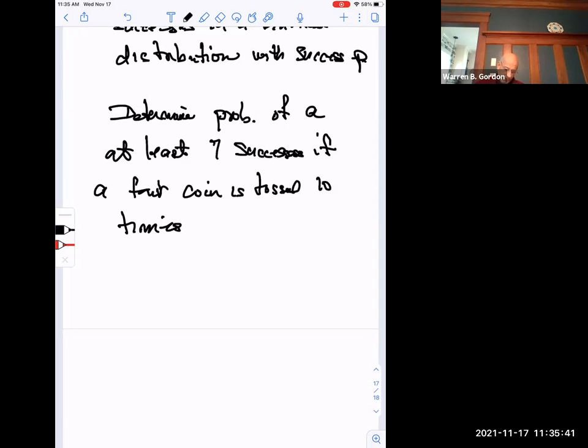So now n is 10. It's a fair coin, so the probability of success is a half. And the question is, what's the probability of at least 7 successes?